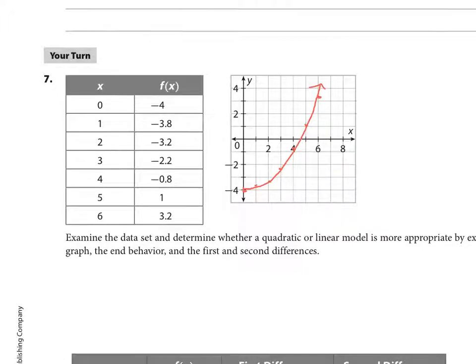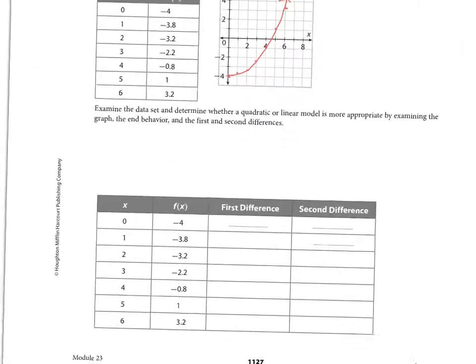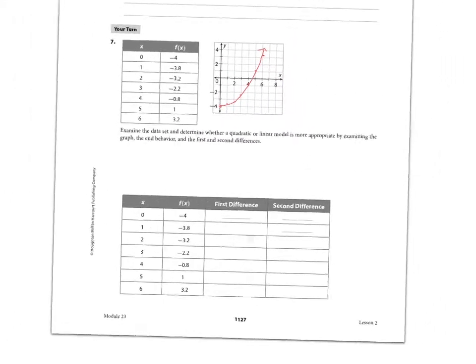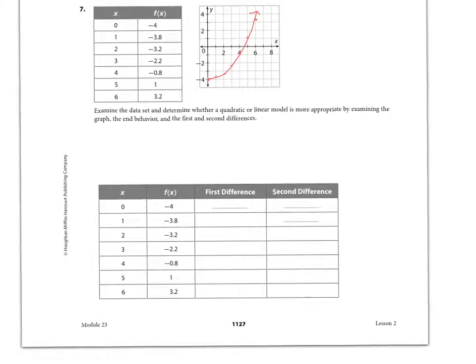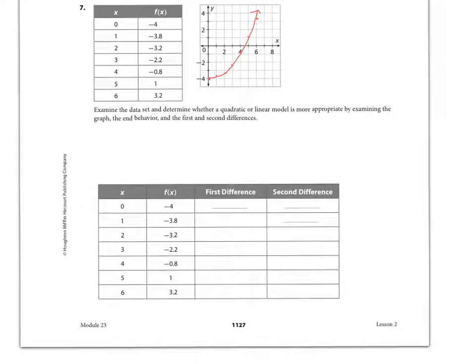It's not a linear. So the way they want us to determine this is algebraically by doing the second difference. So what's that mean? We're going to take the values here and we're going to subtract them. So the first thing I'm going to do is subtract this one minus that one. If I do that, I get 0.2. Then I'm going to subtract this one minus this one. If I do that, I get 0.6.